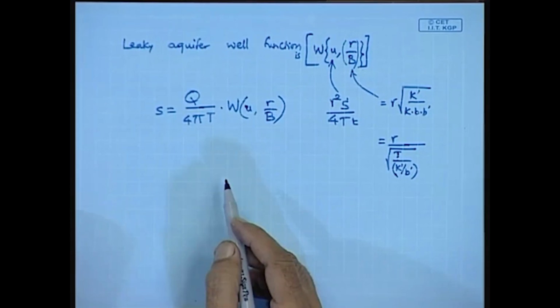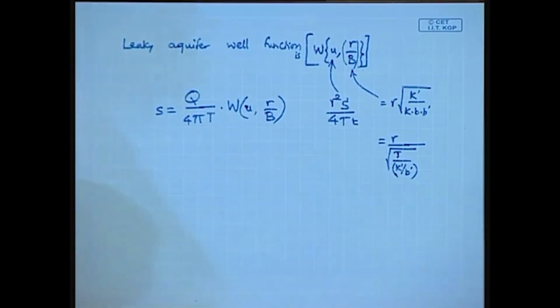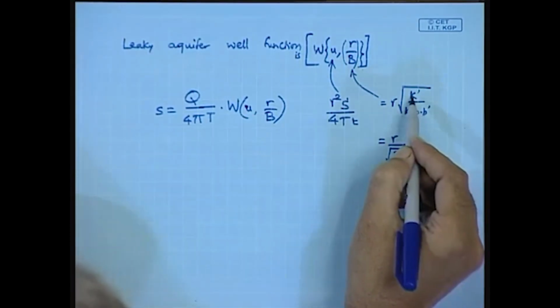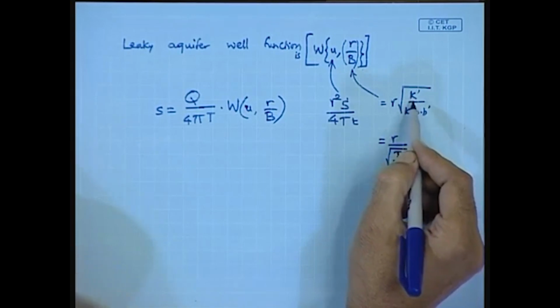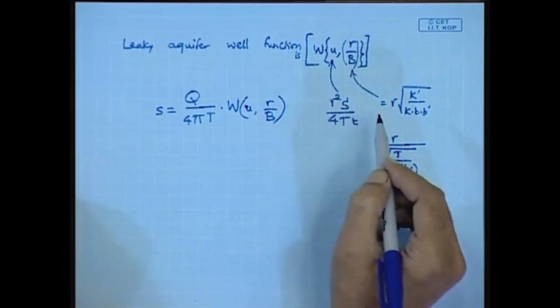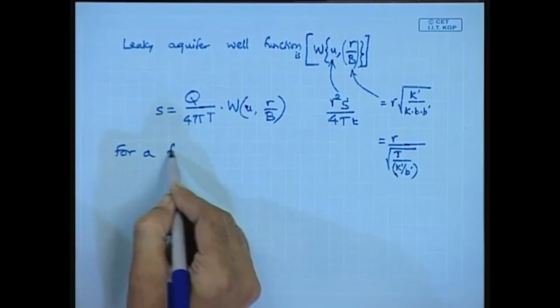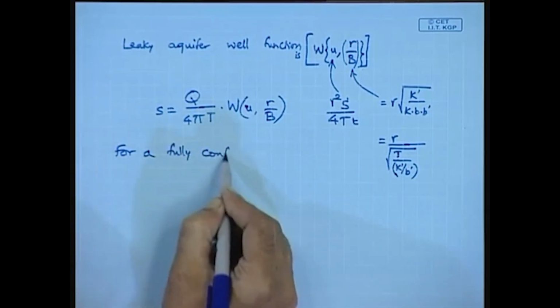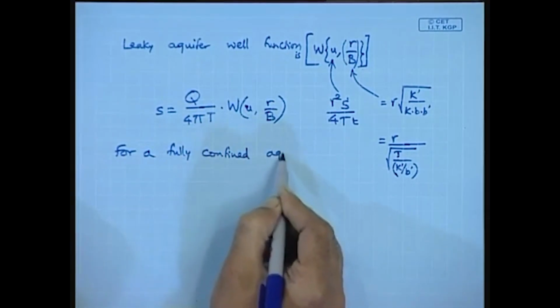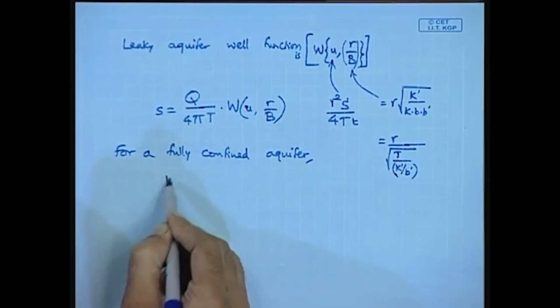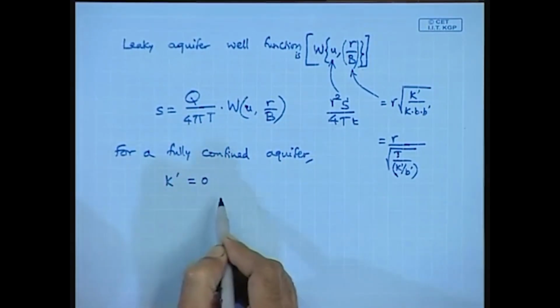Here let us consider the case of a fully confined aquifer. In case of a fully confined aquifer, K dash, the hydraulic conductivity of the aquitard, becomes 0 because it is fully confined at the top as well as bottom. So for a fully confined aquifer, K dash is equal to 0.